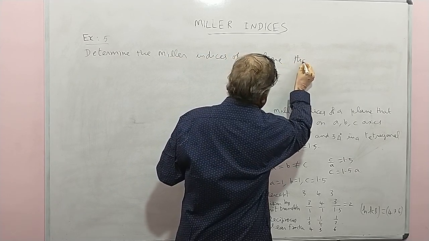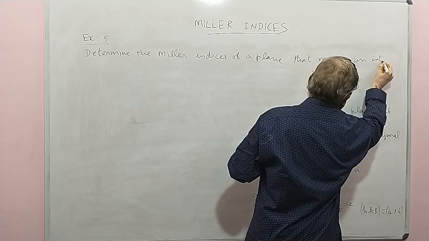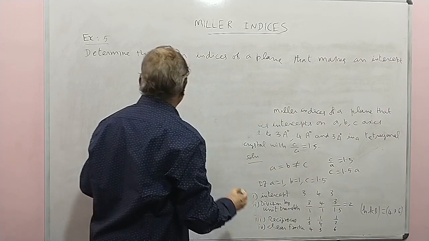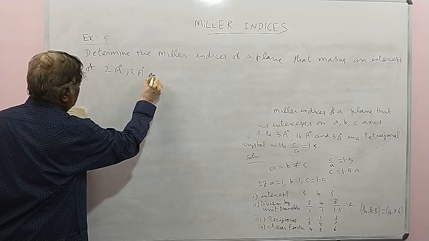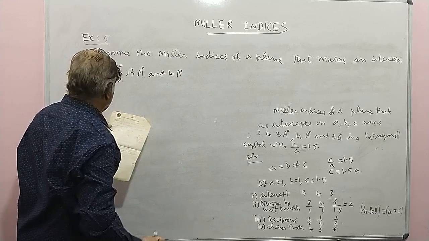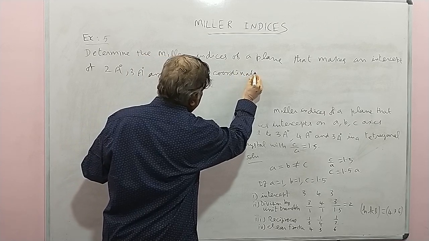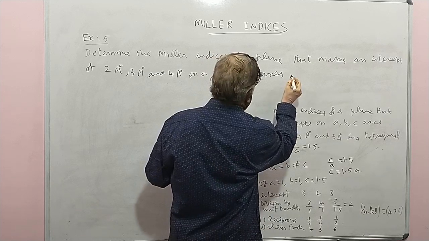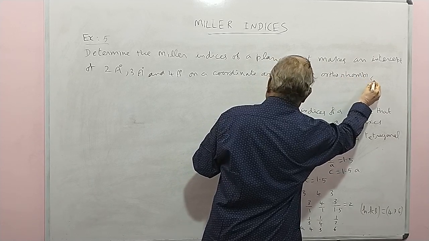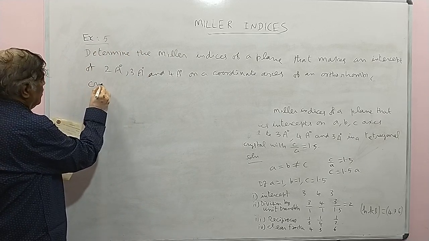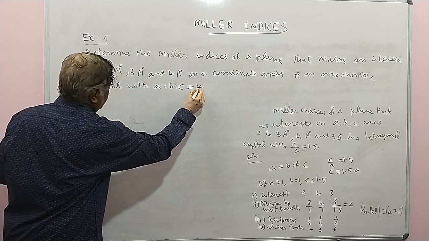That makes an intercept of 2 angstrom unit, 3 angstrom unit and 4 angstrom unit on a coordinate axis of an orthorhombic crystal with A is to B is to C is equal to 4 is to 3 is to 2.